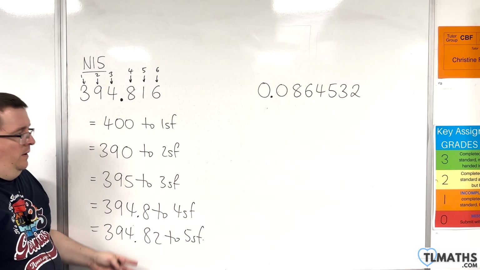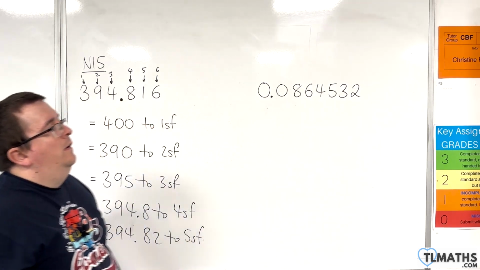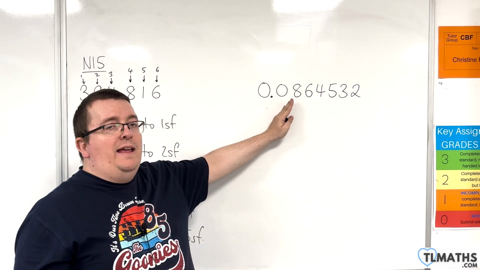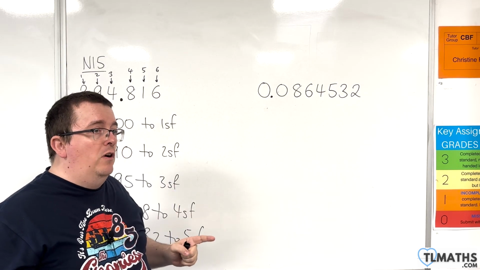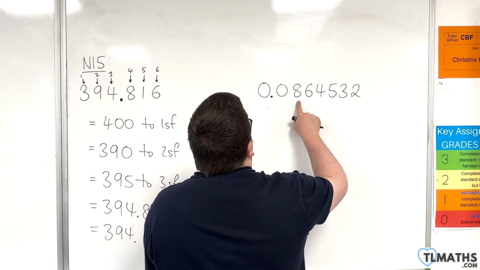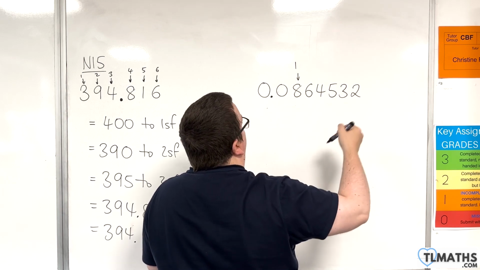So, if I move on to this number here, then remember I'm working my way in from the left-hand side until I hit the first non-zero value. And so here it is the 8. And so this is the first significant figure position.